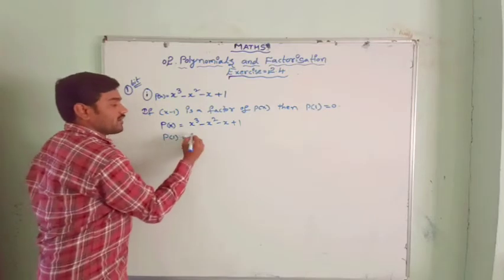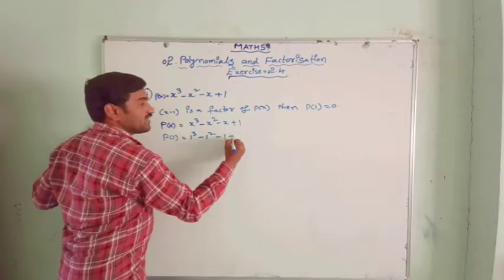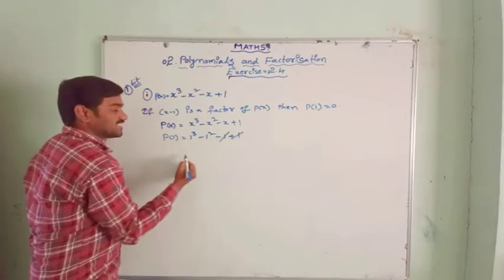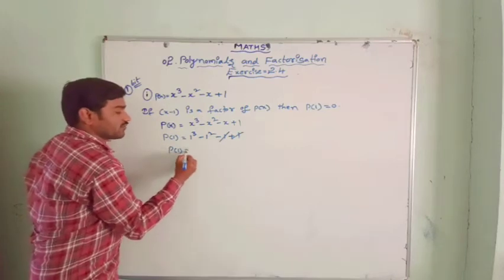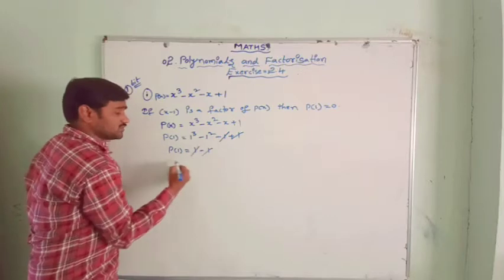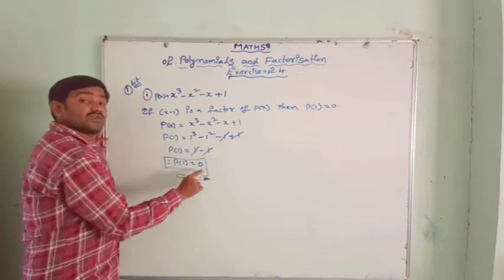Let us see, p of 1 equals 1 cube minus 1 square minus 1 plus 1. Here we can see minus 1 and plus 1 get cancelled. Here 1 cube is 1, 1 square also is 1, and minus 1 plus 1 get cancelled. P of 1 equal to 0. Yes, you got p of 1 equal to 0.